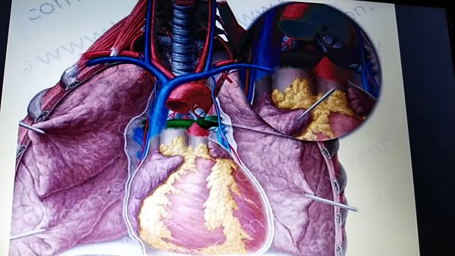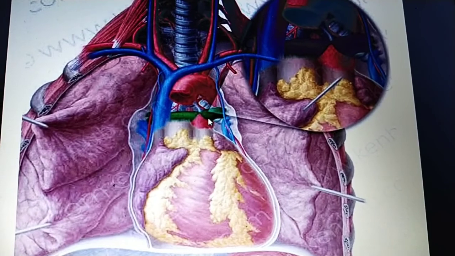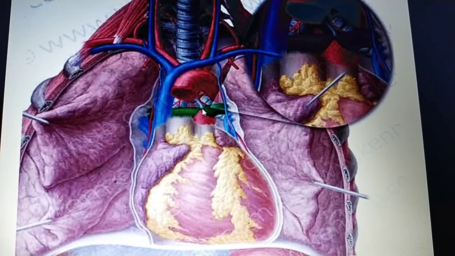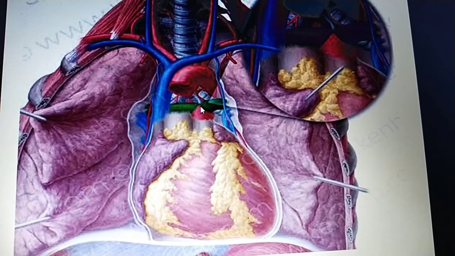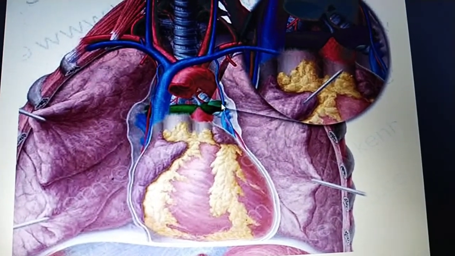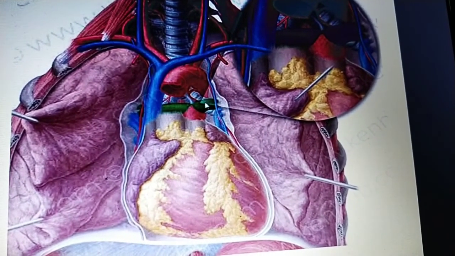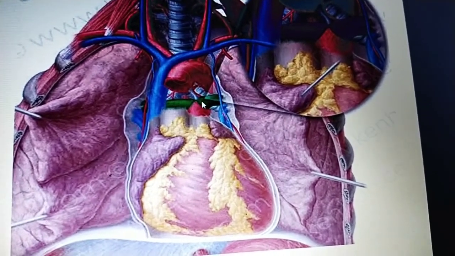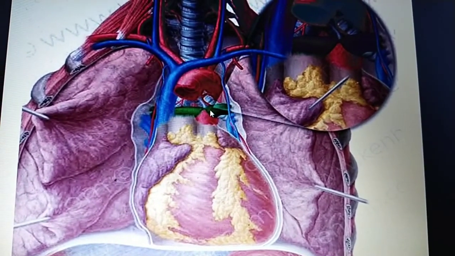Here we can go for the branches of the pulmonary trunk. At the level of T5, there are two branches, the right branch and left branch of the pulmonary trunk, as the right pulmonary artery and left pulmonary artery.